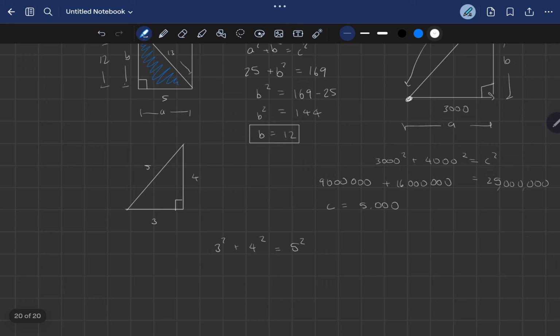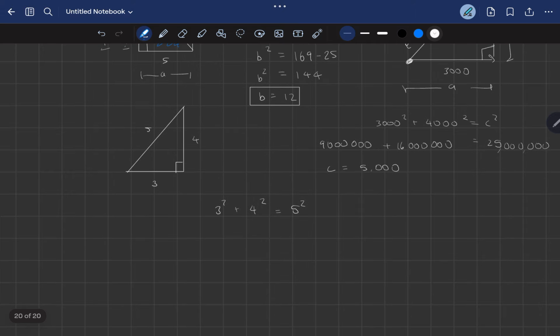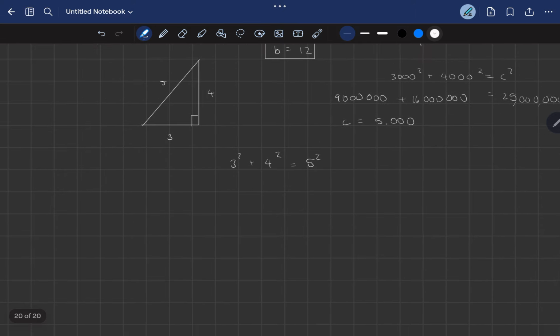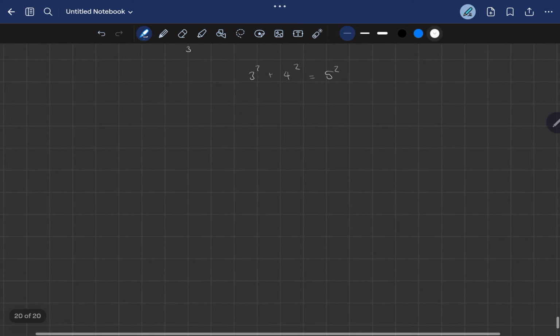Now, let's look at the Pythagorean theorem in 3D. Okay? It might seem a bit complicated, however, I can break it down to make it a lot easier.